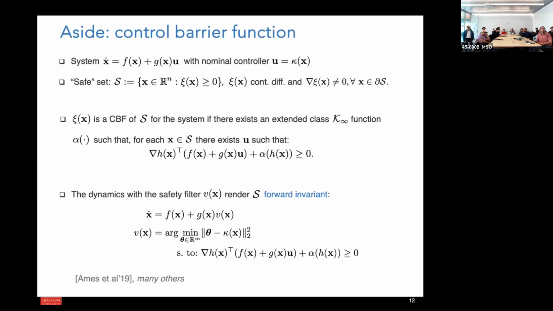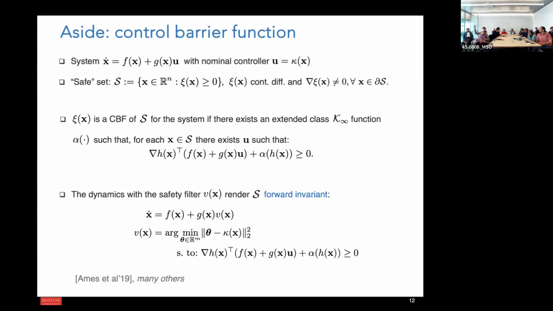What is kappa? Yeah, exactly the same question. Kappa is a nominal controller that has already been designed and is given to you. It has some particular desirable properties. For example, it stabilizes an equilibrium point, but it's not guaranteed to ensure safety. In this particular viewpoint, there is no other cost function in addition to the safety specification, right?